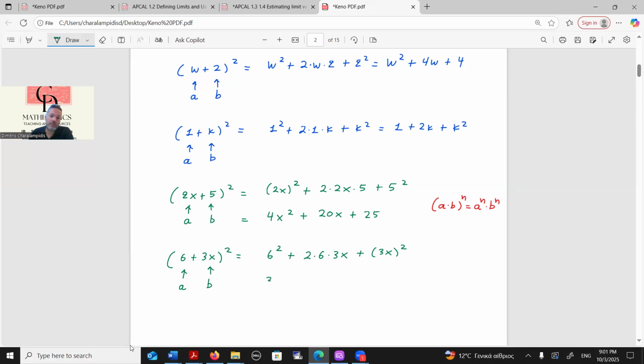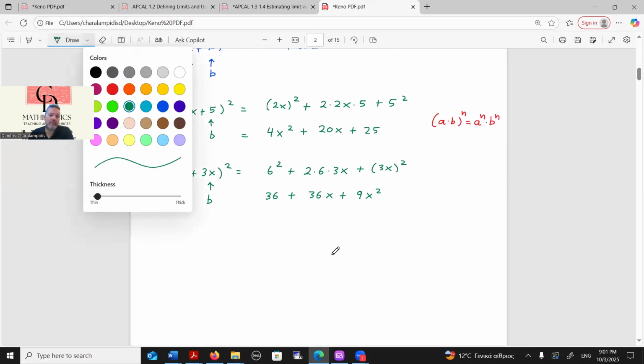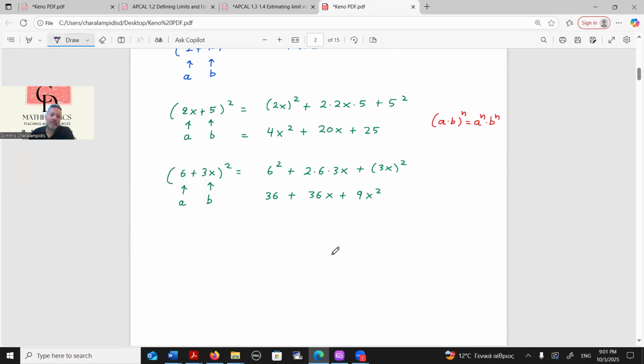So 6 squared is 36, plus 2 times 6, it's 12. Multiplied by 3, it's 36x plus 9x squared.